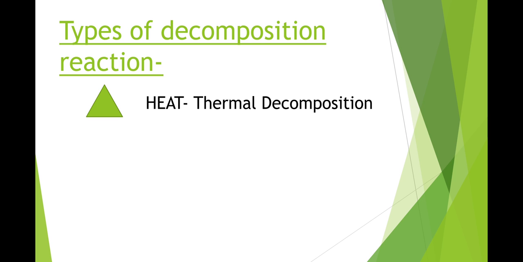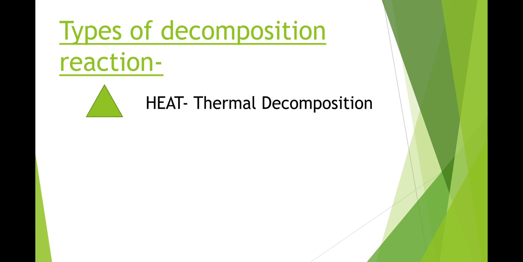If the decomposition takes place by means of heat, it is said to be thermal decomposition. The type of reaction is the same, decomposition reaction, but the decomposition or breaking down of the reactant is caused by different factors. If it is carried out with the help of heat, it is said to be thermal decomposition.